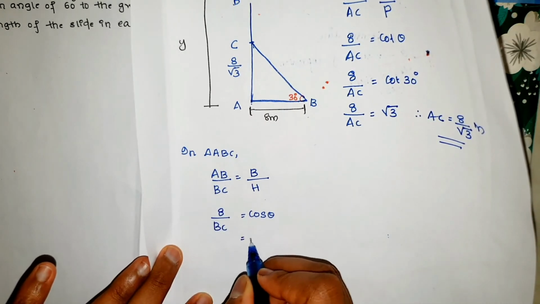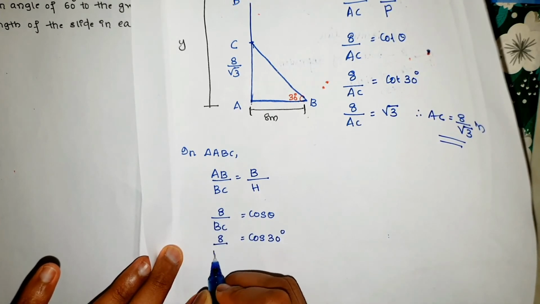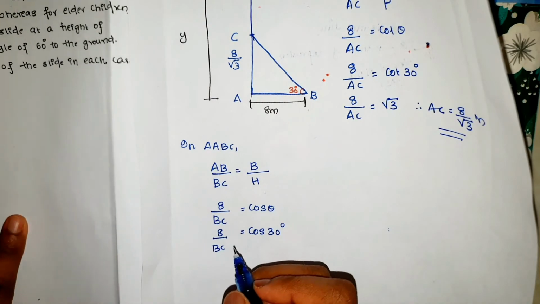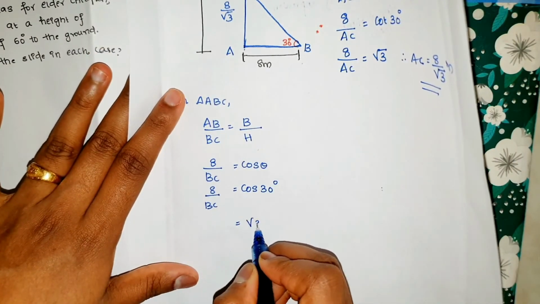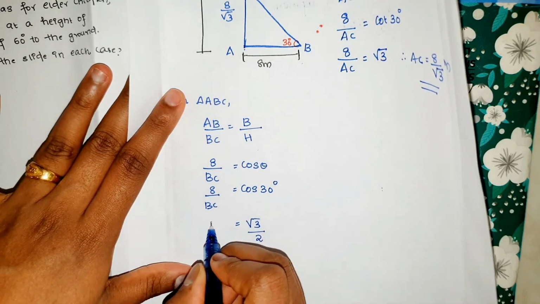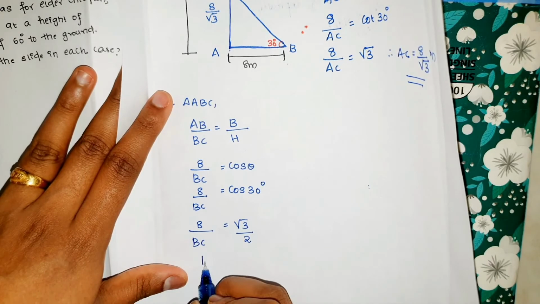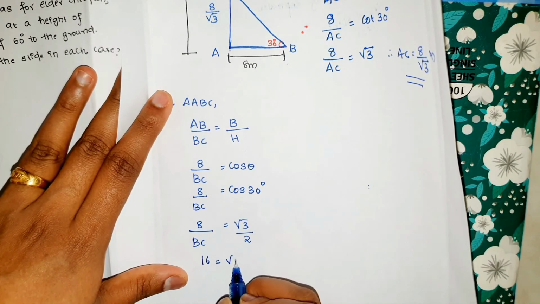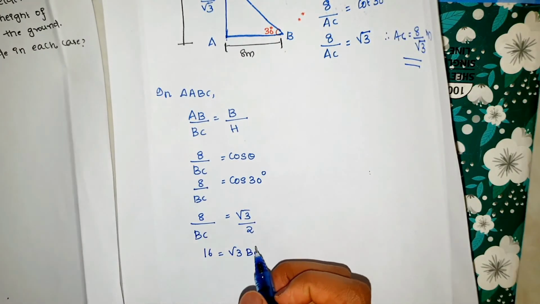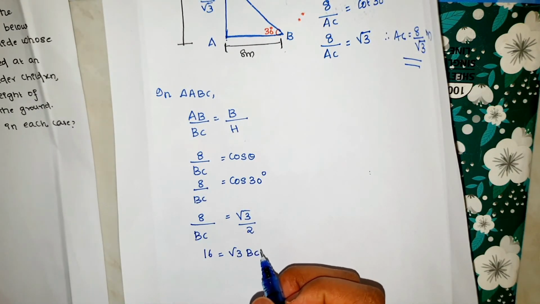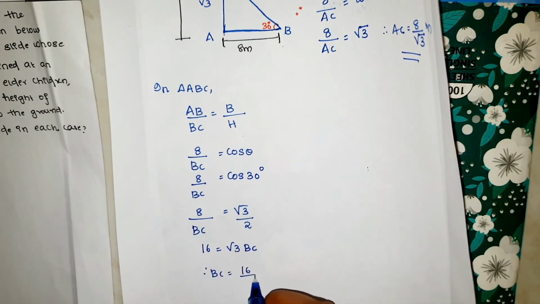So cos 30 degree is 8 by BC. Cos 30 is root 3 by 2. I am substituting root 3 by 2 here. 8 by BC, cross multiply. 16 is equal to root 3 into BC. So BC is equal to 16 by root 3.